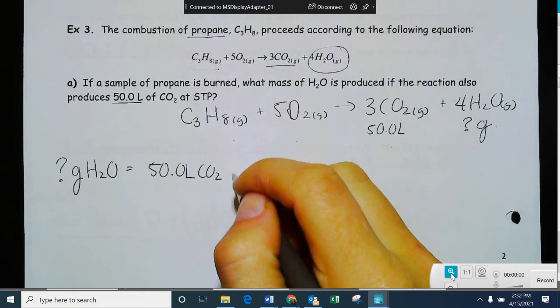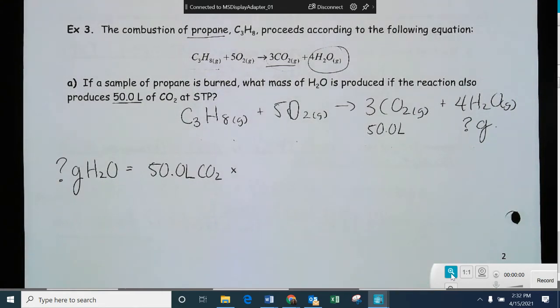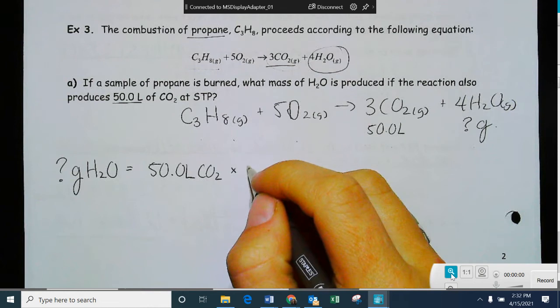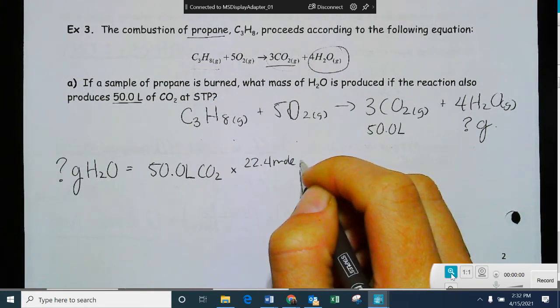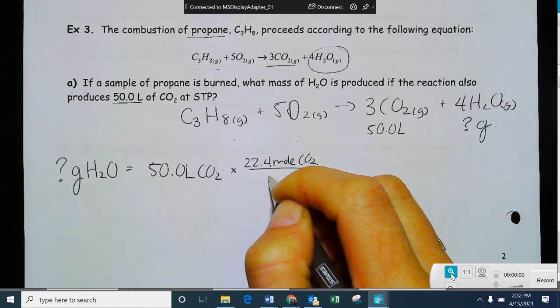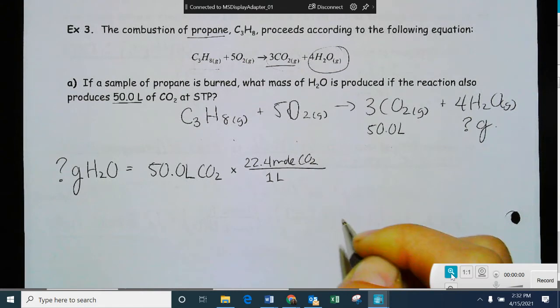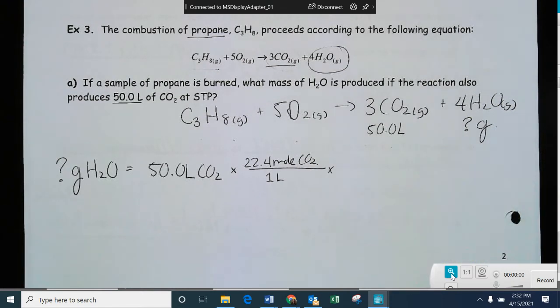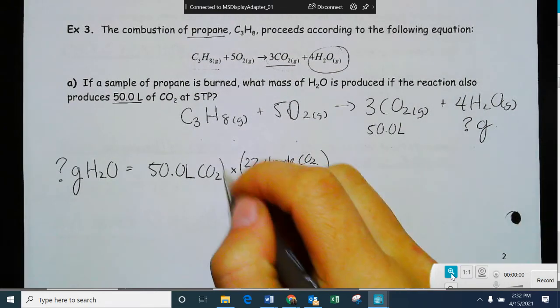And remember how many moles there are in every liter of gas at STP. Do you guys remember that? Nice. 22.4 liters of CO2 for every 1 mole. All right, and that's going to give us how many moles of carbon dioxide we have. Didn't even need to use the molar mass. How cool is that? Pretty cool.